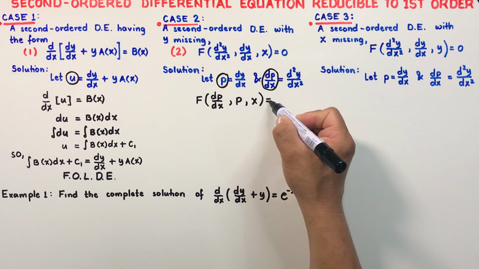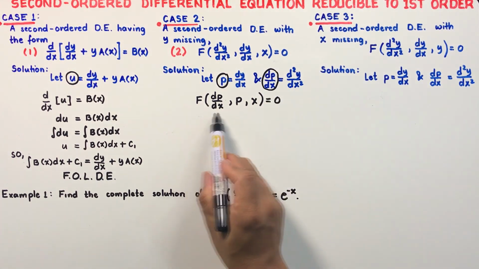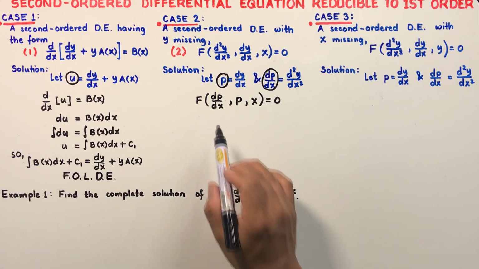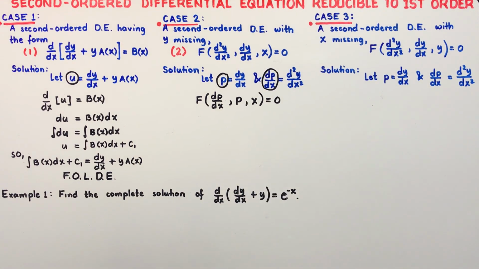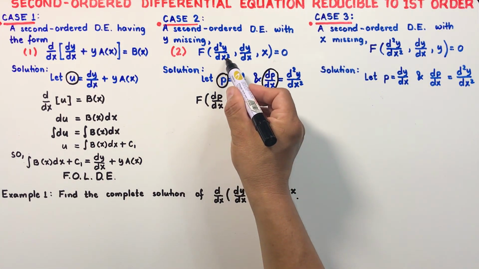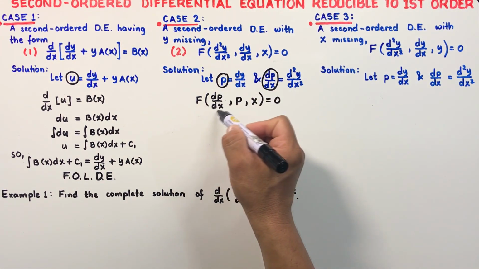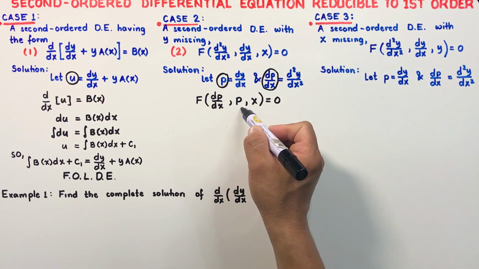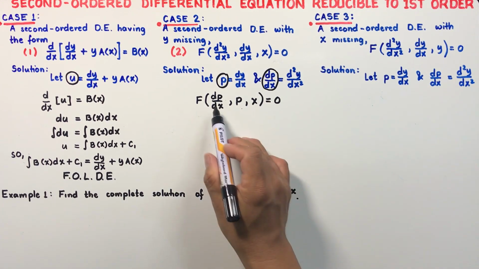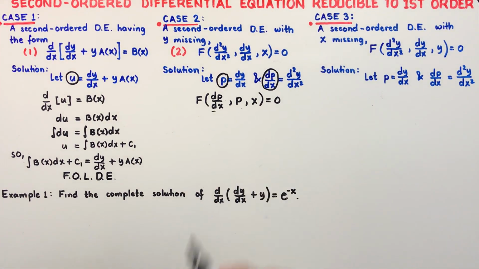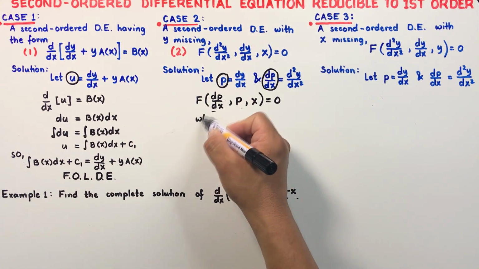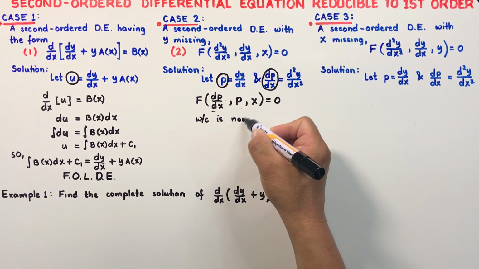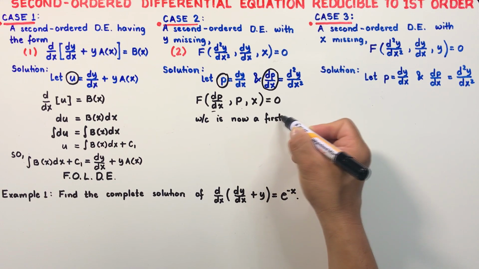So our newly transformed differential equation is now in first-derivative form, because the second derivative is transformed to a first derivative, and the first derivative is transformed to a variable.